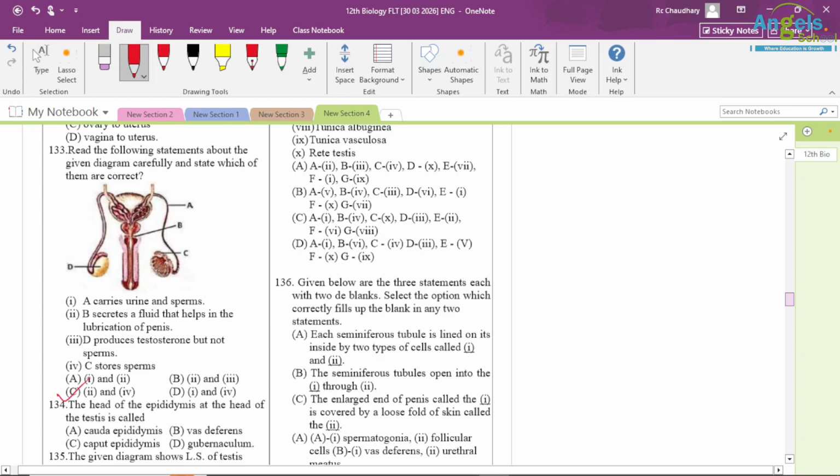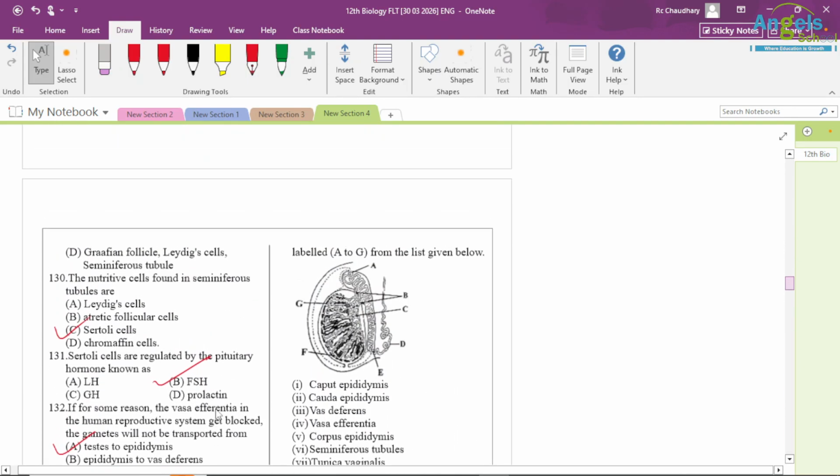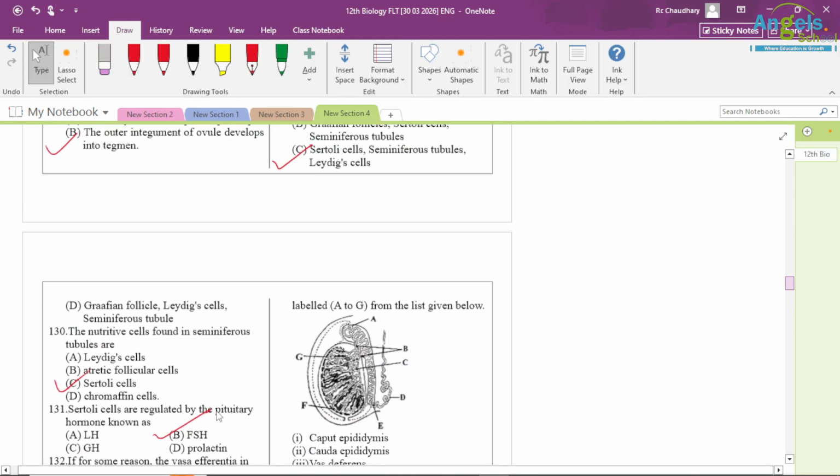Question number 134. The head of the epididymis at the end of testes is known as the caput epididymis. Then again a diagram based question. You have to identify A, B, C, D, E. So A is caput epididymis, B is vasa efferentia, C is rete testis, D is vas deferens.